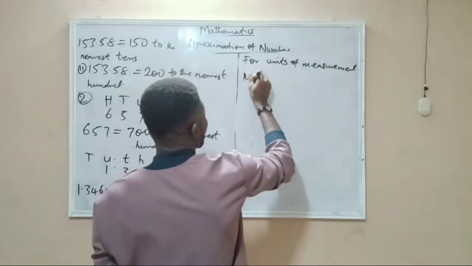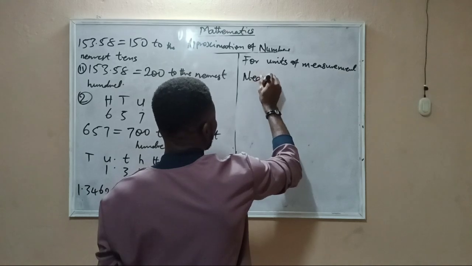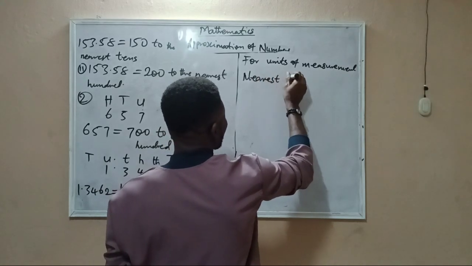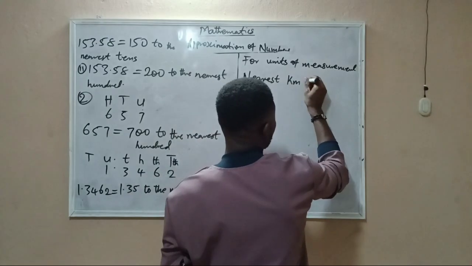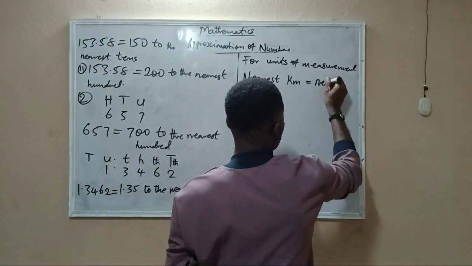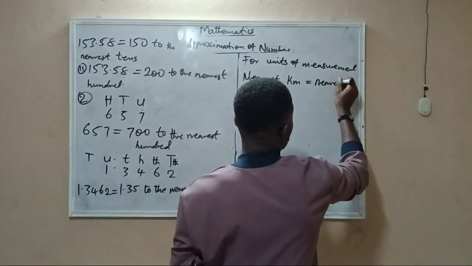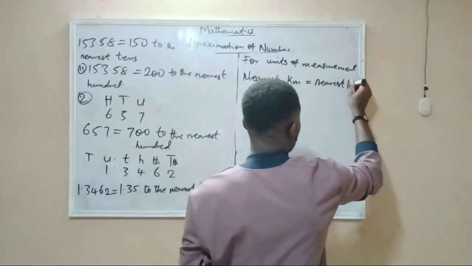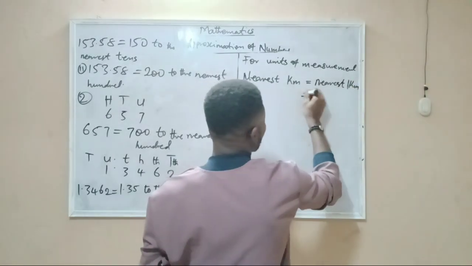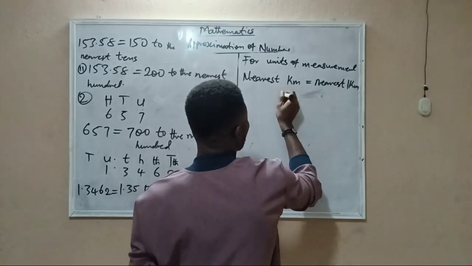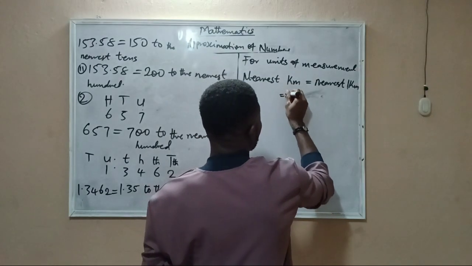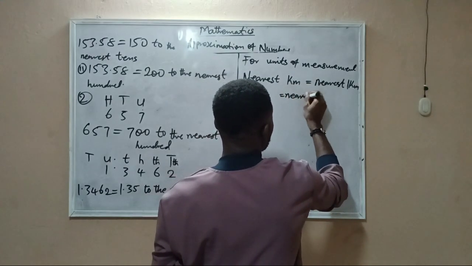Whenever you're asked to find a number to the nearest kilometer, it's always the same thing: to the nearest 1 kilometer, which is the same thing as to the nearest unit digit.